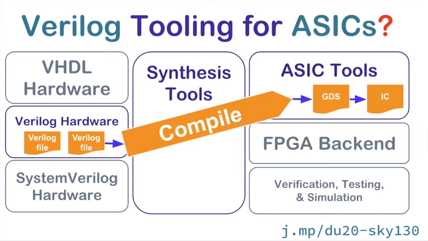So, for example, if we have some Verilog files as RTL design, we will synthesize them and get a netlist first. With the ASIC tools, we will compile our netlist and generate the GDS file. Of course, it's not that simple.